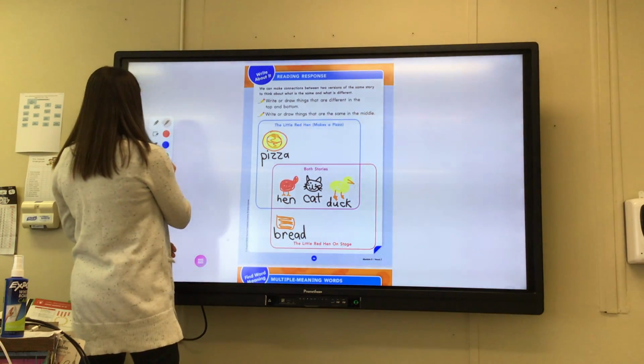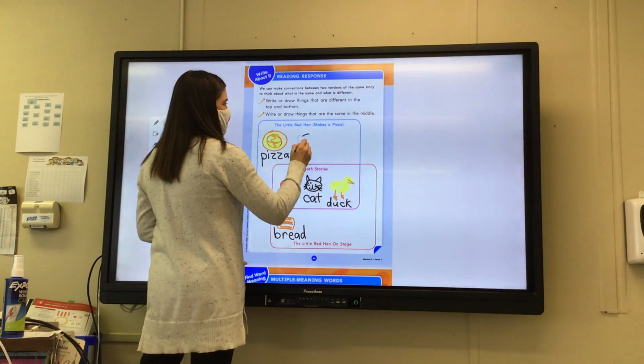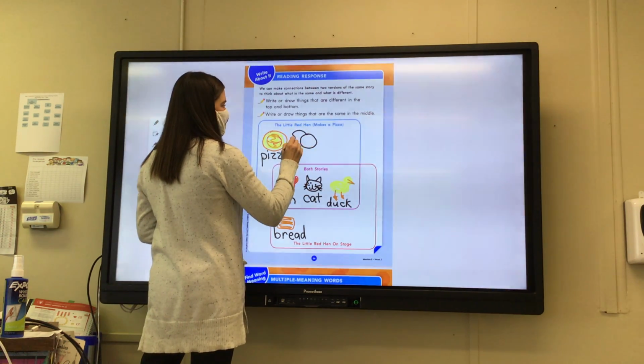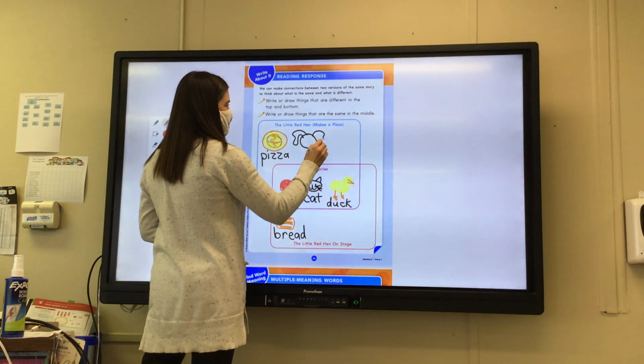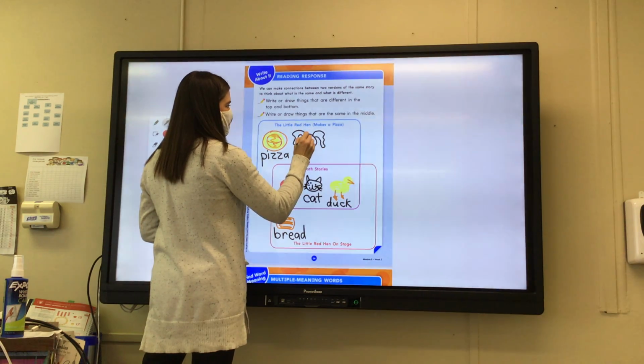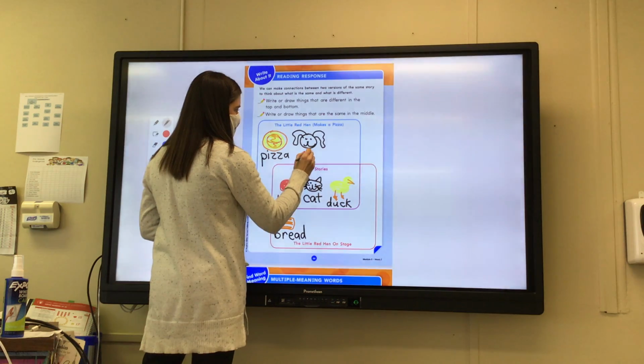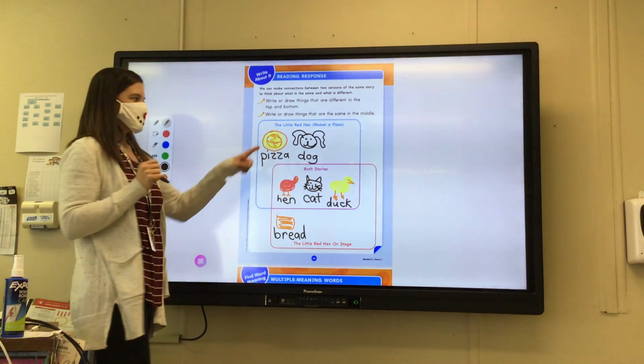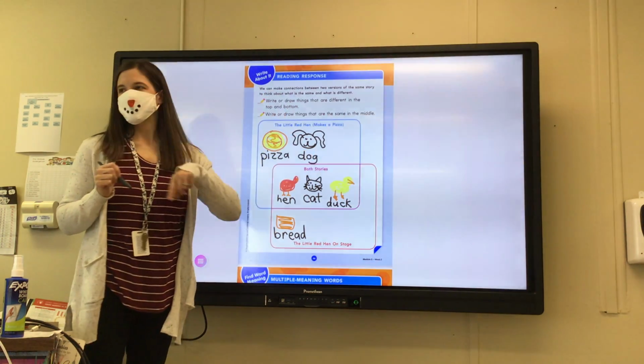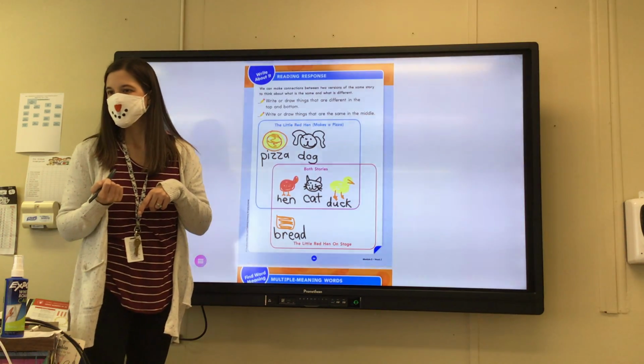So we can draw a dog here. Just make big ears there for the dog. I'm going to write dog. Because the dog character was in The Little Red Hen Makes a Pizza.